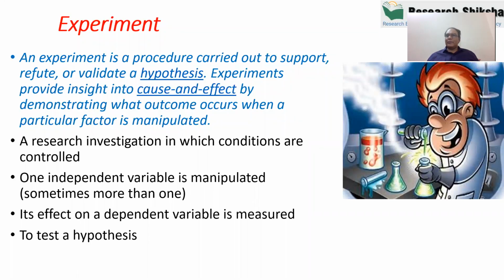For example, you have to decide how many males should be there, how many females should be there, how many old people should be there, how many young people should be there. So you have to decide so many things also. And finally, you have to measure the impact of the independent variables on the dependent variable. And the objective of these experiments is to test the hypothesis to arrive at a conclusion.